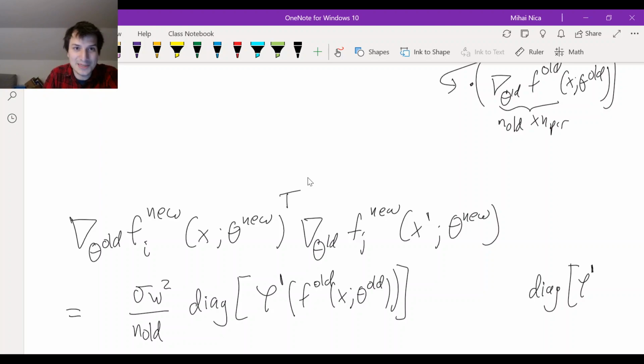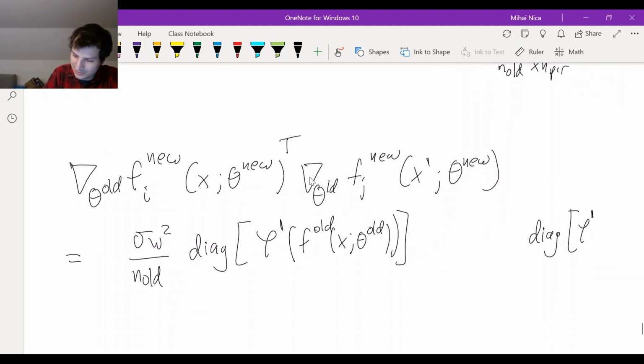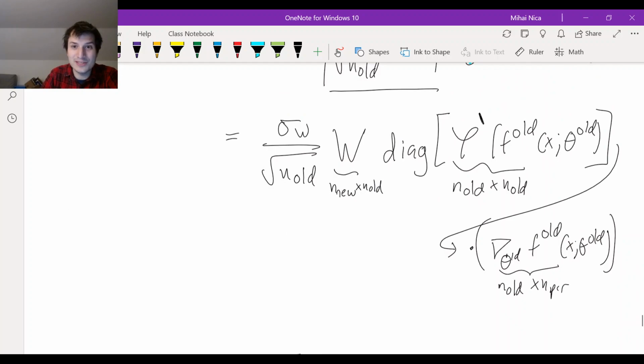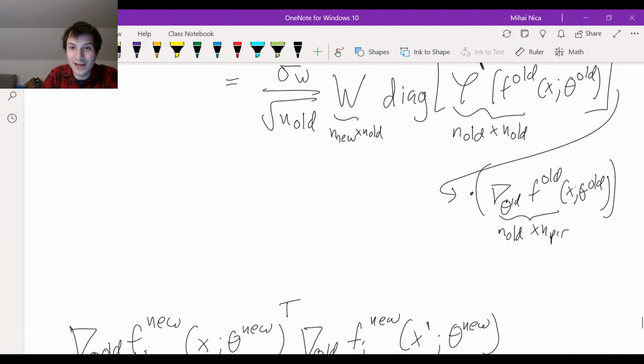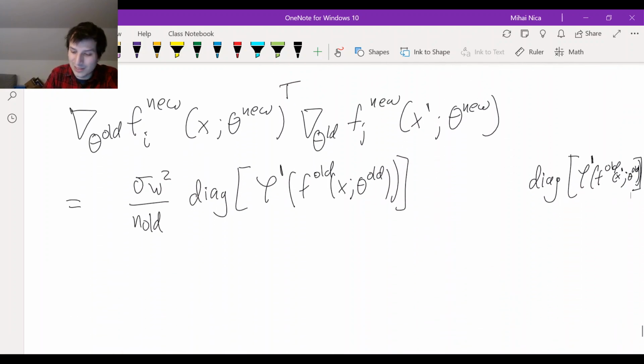And there are no transposes because the transpose of a diagonal matrix is the same matrix. Okay, so those are the diagonal matrices. And then in the middle, you have the gradient with respect to theta old multiplied by itself. So that's what goes here.